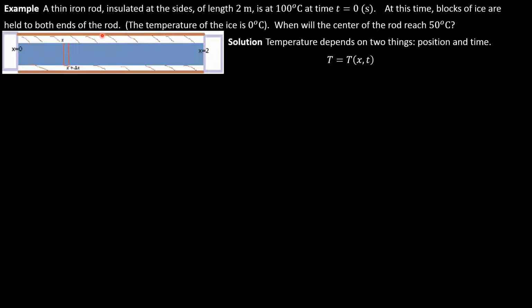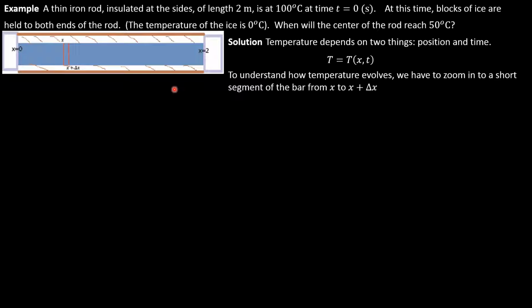And what we will do is we're going to analyze a thin segment of rod from the position x, where x is some arbitrary position between 0 and 2, and x plus delta x. So we have a very thin slice of rod, and we're going to figure out what happens to that thin slice in terms of temperature.